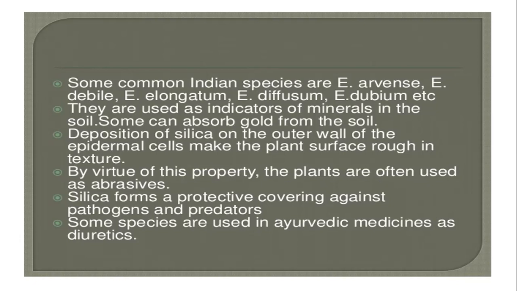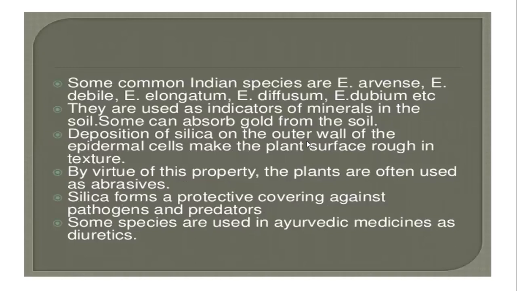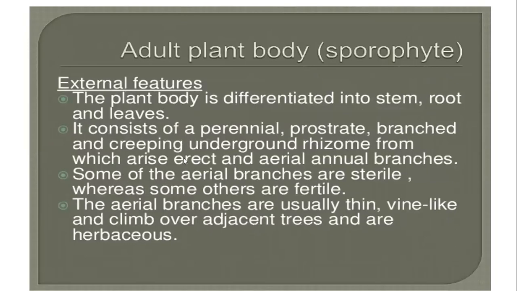Anything which we want to clean or rub, we can use this. The silica deposited on the plant body also acts as a protective covering against pathogens. Some of these species are also used in Ayurvedic medicines as diuretics. So those are some important characteristic features of Equisetum.